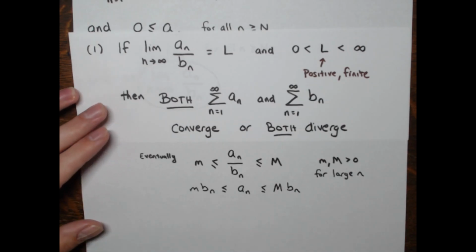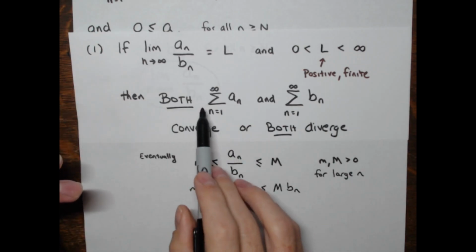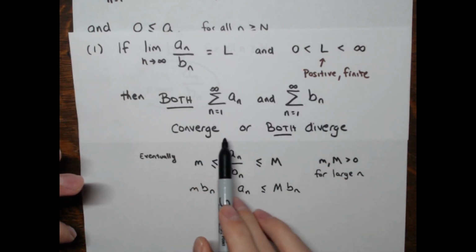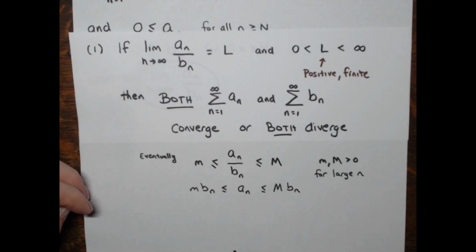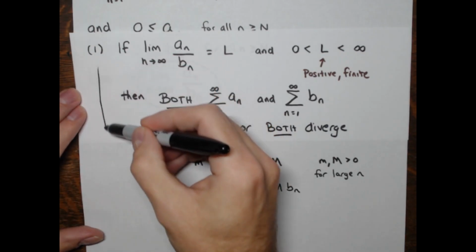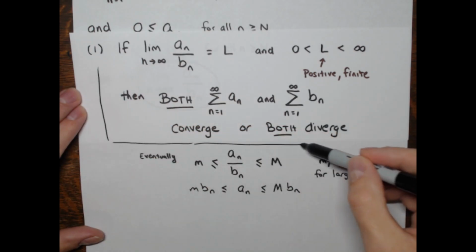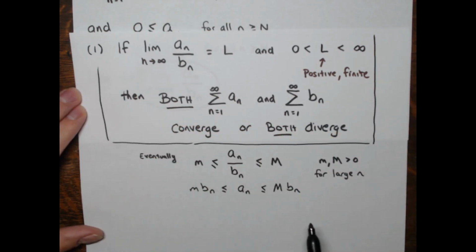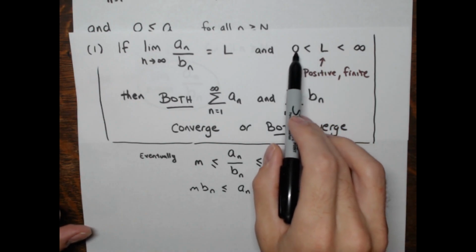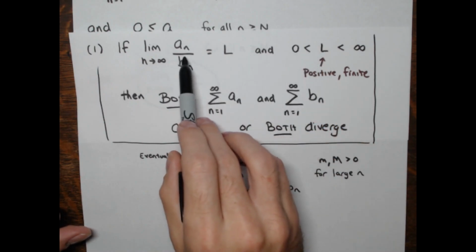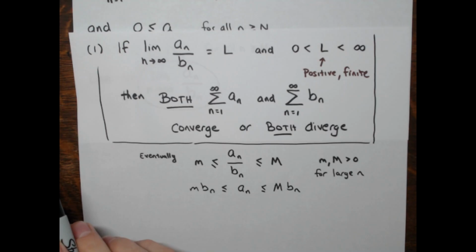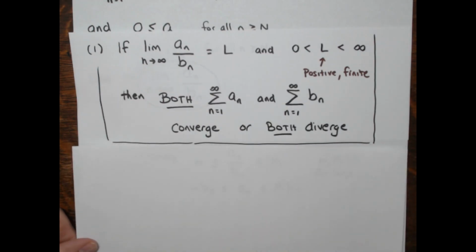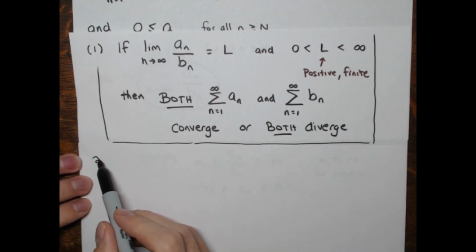So by comparison, we could say that either both are convergent or both series would have to diverge. All right, so that's part one of this limit comparison test. Now, what about the cases where the limit is zero or the limit is infinite? All right, so that's case two for this limit comparison test.